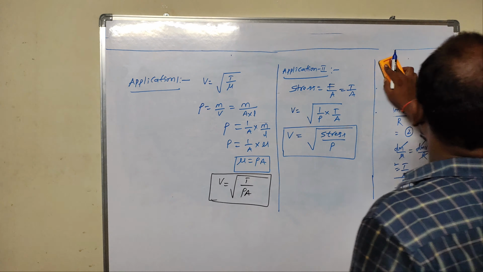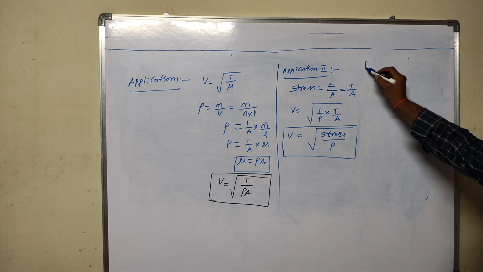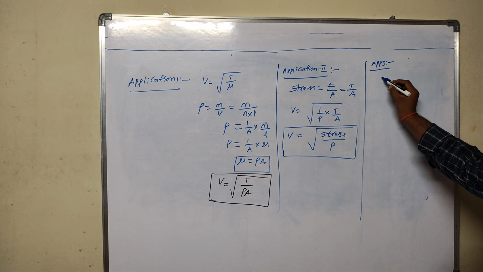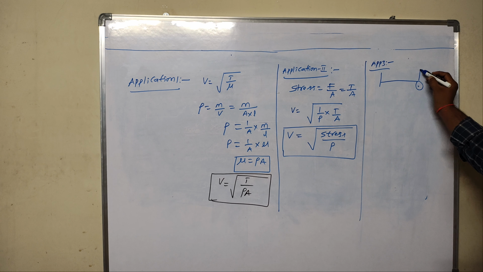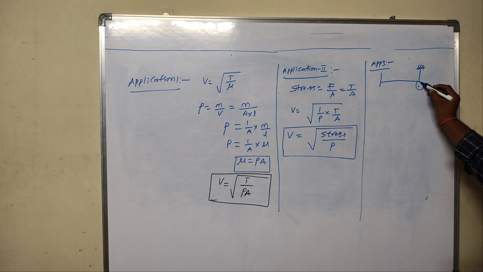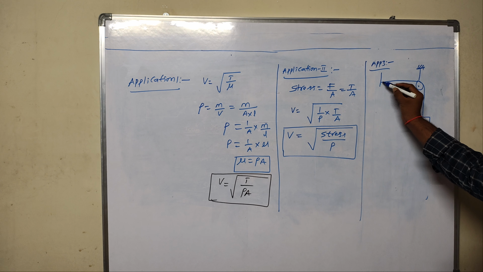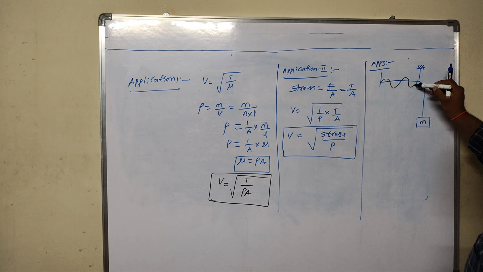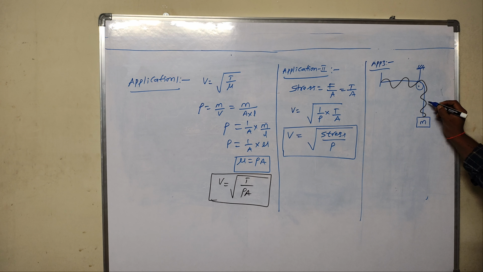So let's see the third application, application 3. Suppose a thread is put over a pulley, and it holds down a block of mass M. From this point, what force is acting?